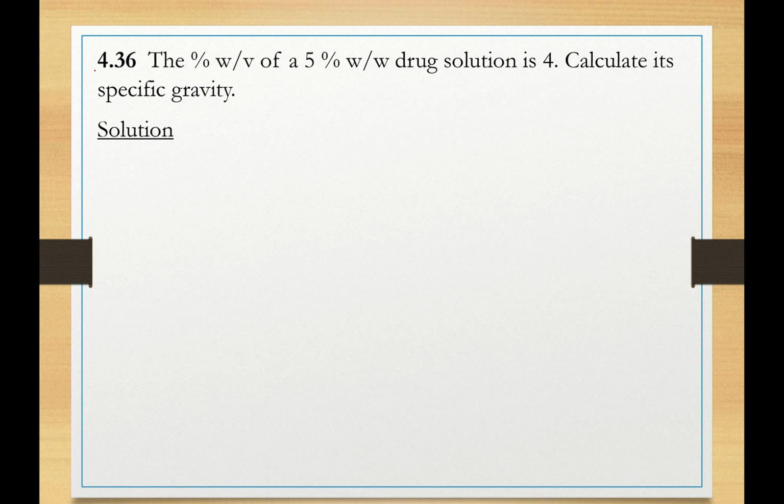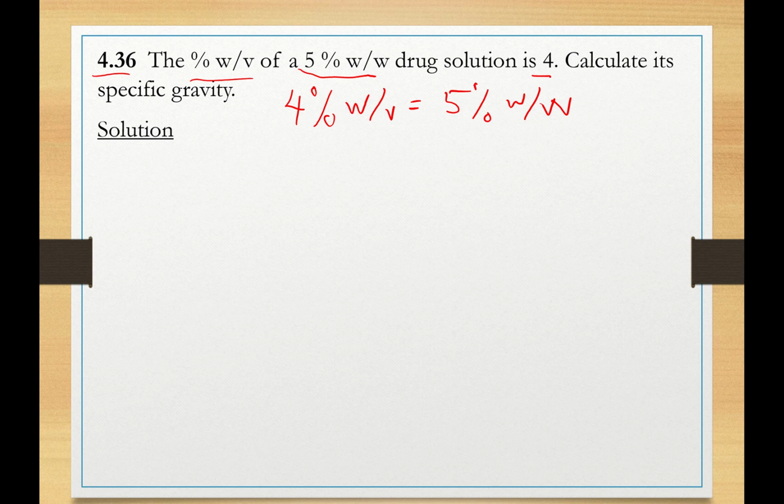Now the next one, exercise 4.36: the percent weight per volume of a 5% drug solution is 4. Calculate the specific gravity. So here, what we are given is that 4% weight per volume is equal to 5% weight per weight. I'm sure there are multiple ways to solve this.